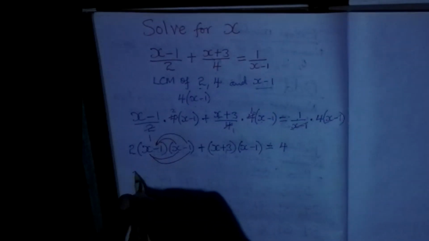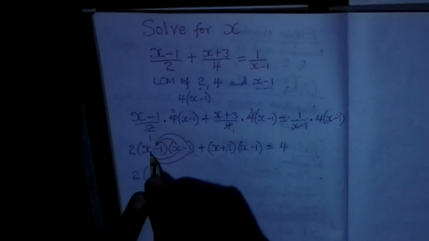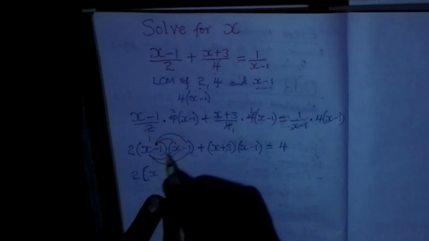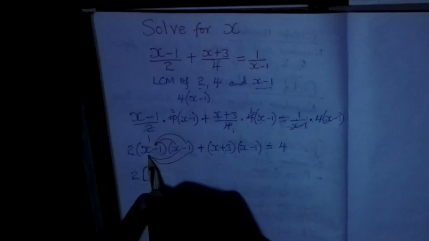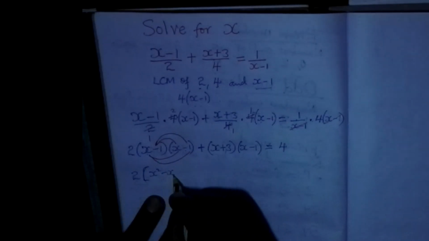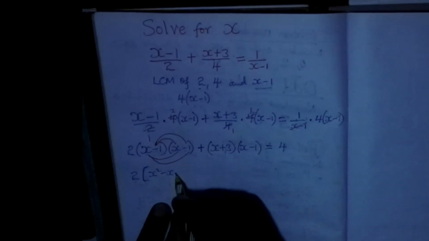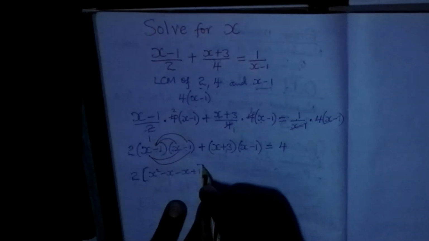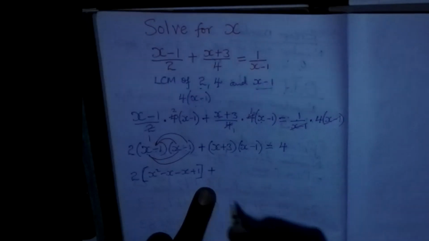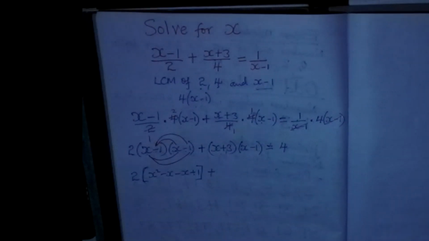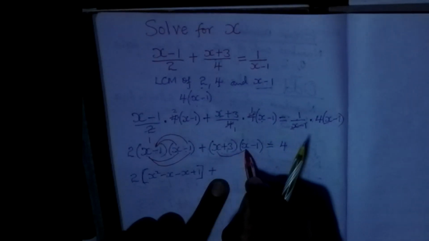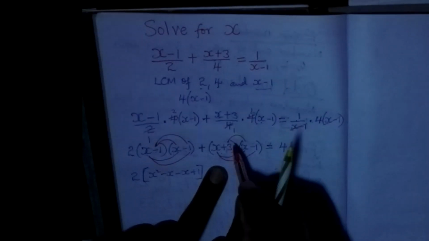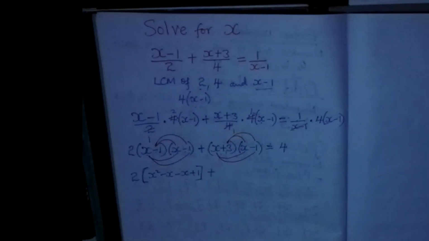Now we have 2, and into bracket we have x multiplied by x, x squared, x times minus 1 we have minus x, minus 1 times x we have minus x, minus 1 times minus 1 we have plus 1, close the bracket, then plus, we do the same with the other one, multiply x times x, again x times minus 1, and the other one 3 times x, and again 3 times minus 1.